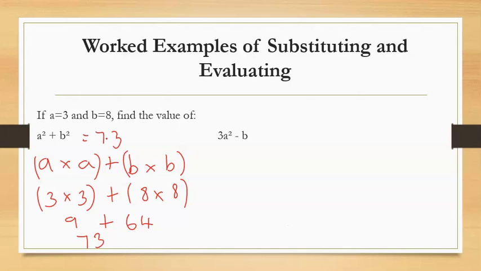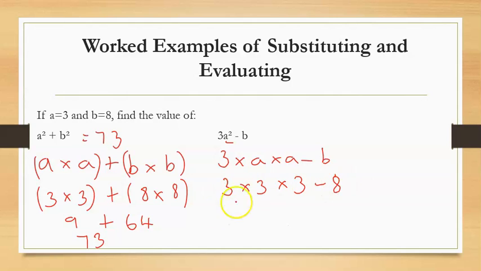So 3a squared subtract b, we'll expand it first. So that's 3 multiplied by a squared, which is a multiplied by a. And we're going to subtract b from that. So if I put in the value of a, which is 3, it's 3 multiplied by 3 multiplied by 3, subtract 8, which is b.